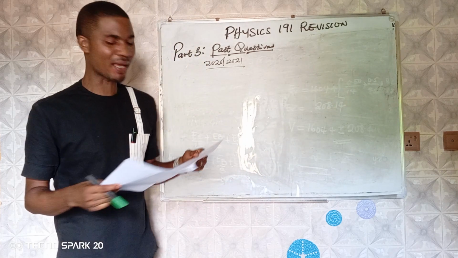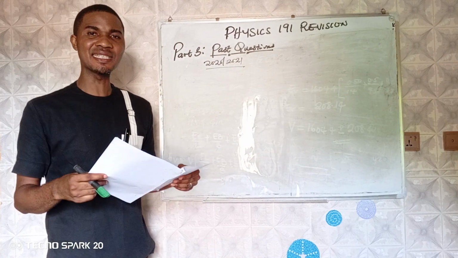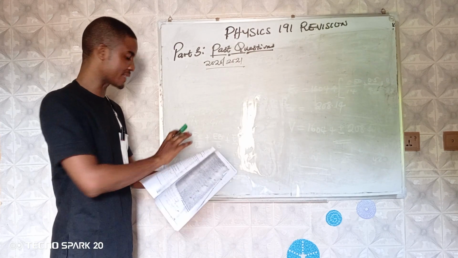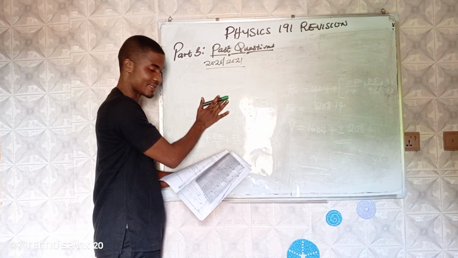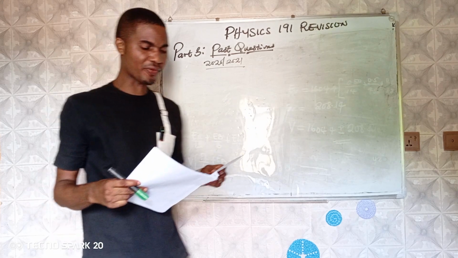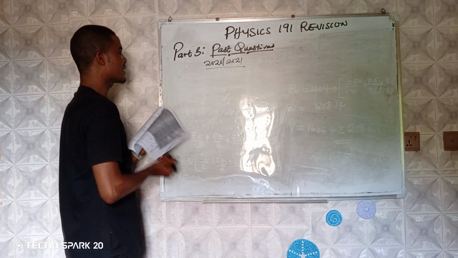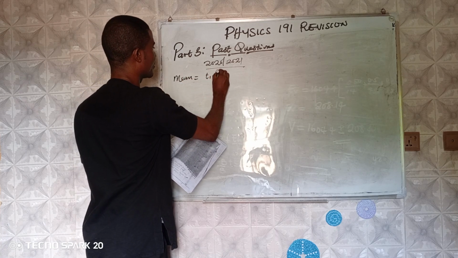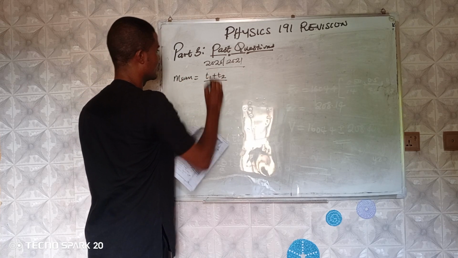So in your paper, you are going to draw out this table again, from the beginning, just the way it is on your answer script. Then you are going to find the mean T. Remember that mean T is T1 plus T2 over 2.